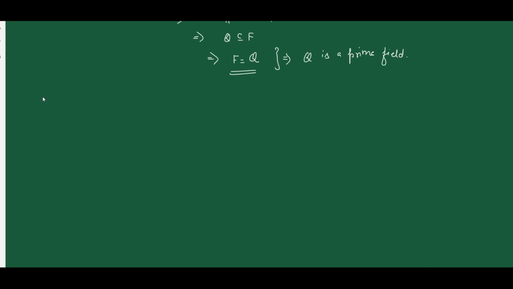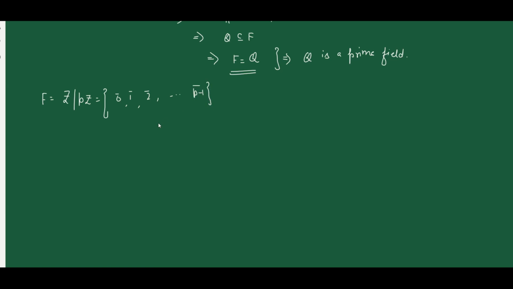So what is that example? Z by pZ. So what are the elements here? The elements of this Z by pZ are congruence classes modulo p.